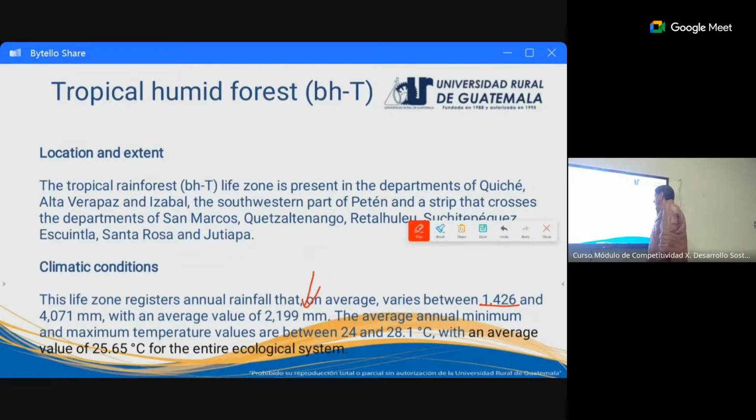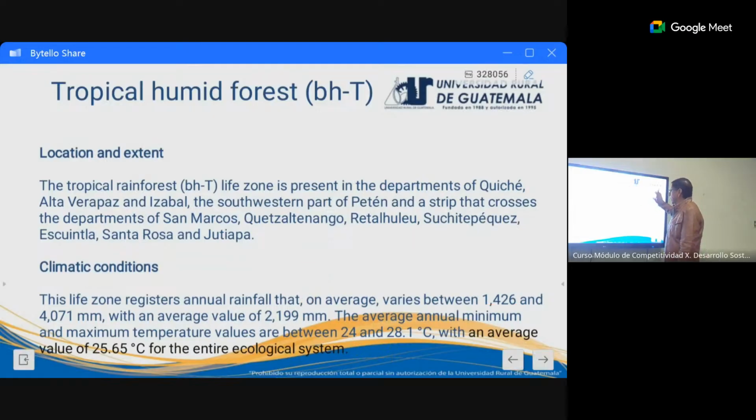These are the climate conditions related to the annual rainfall. The average annual minimum and maximum temperature values are between 24 and 28.1 Celsius degrees with an average value of 25.65 Celsius degrees for the entire ecological system. Okay, so these are all the characteristics that we have on this tropical forest.